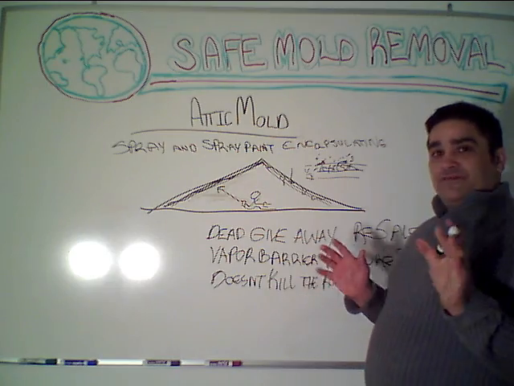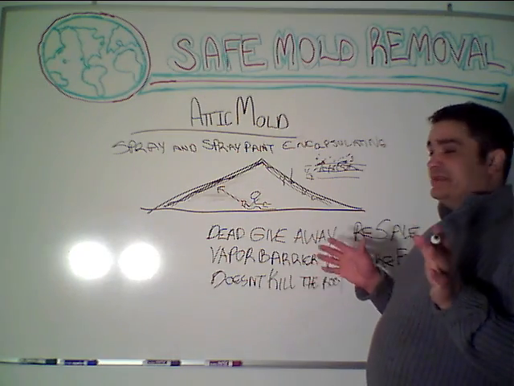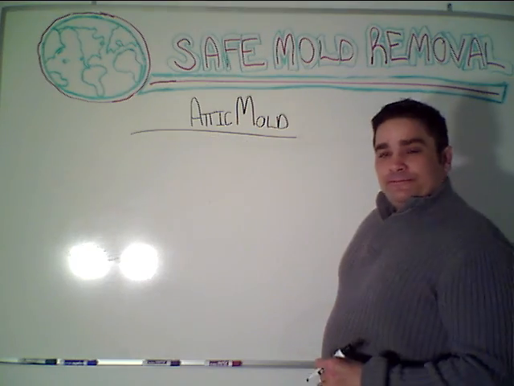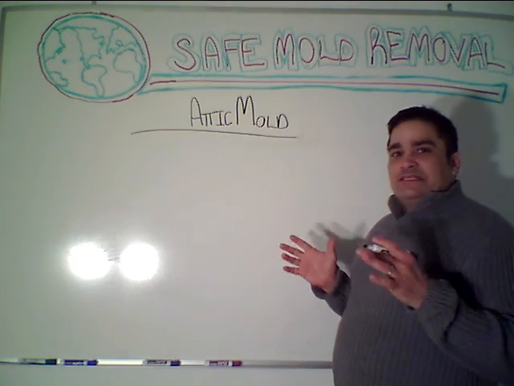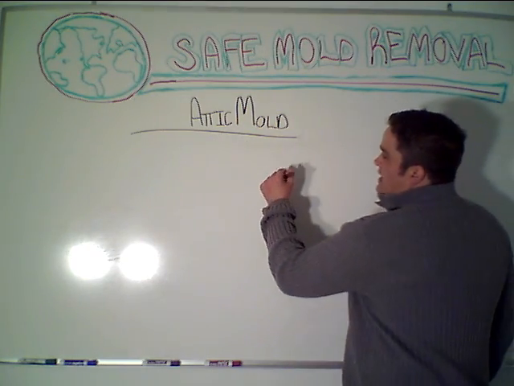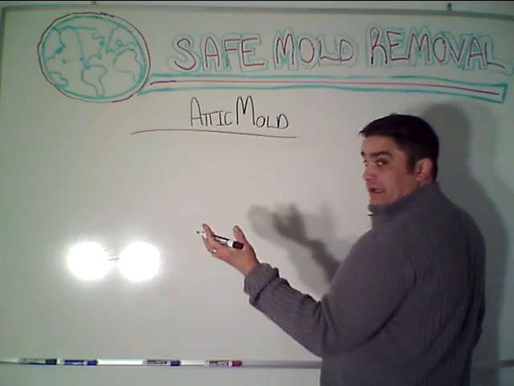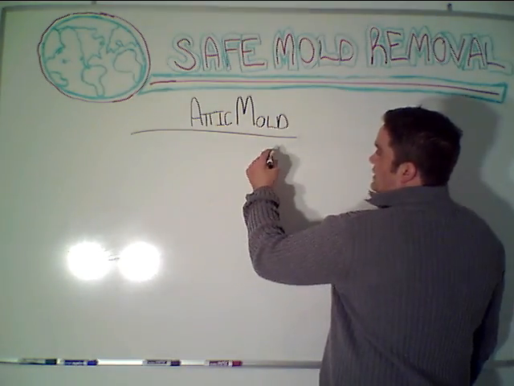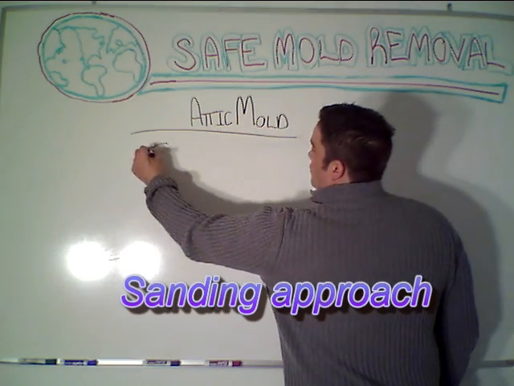So in just a few seconds, we'll show you the rest of the techniques, but that concludes the spray and spray paint section. So the next thing that we're going to talk about, the next method of treating attic mold, is what I'm going to call the sanding approach.